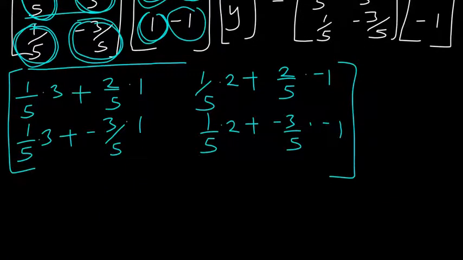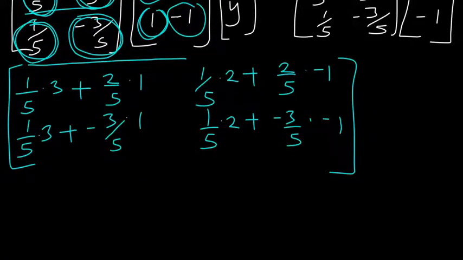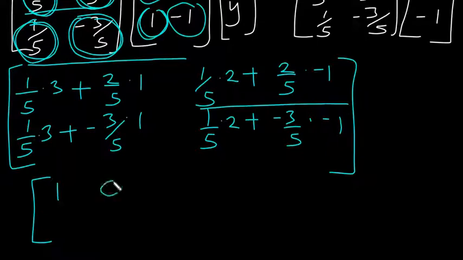Okay, so we have 3/5 plus 2/5, that is going to be 5/5, so that will be 1. And then for this element we're going to have 2/5 plus negative 2/5, so 2/5 minus 2/5, that is going to be 0.